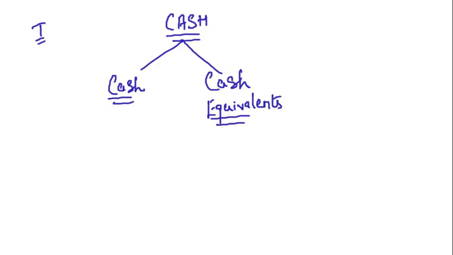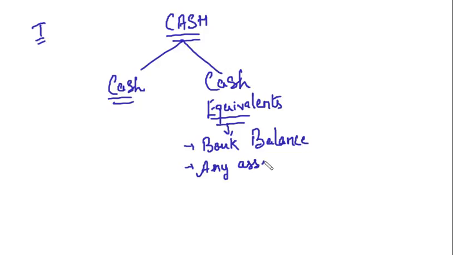Now sir, what are cash equivalents? This includes our bank balance. Why? Because whatever money is lying in the bank, we can withdraw anytime. Then we have any asset or investment. Investment is our asset only.